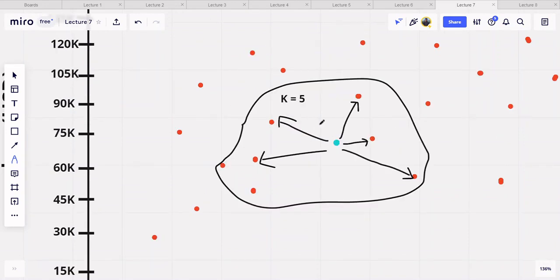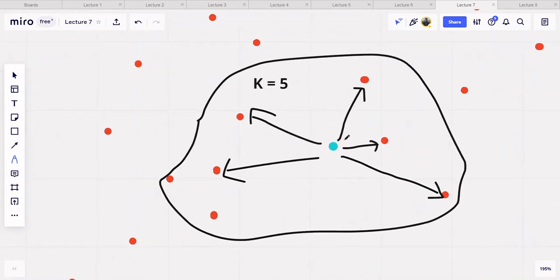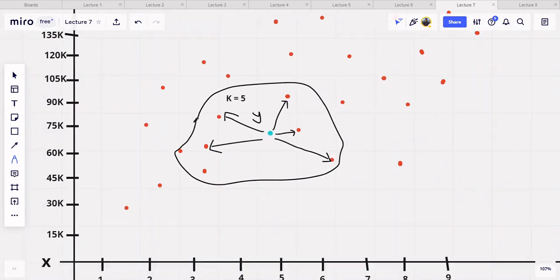So we can conclude that since the data points are very close to each other, they tend to have similar values. That's why we can easily use their real values of y to predict our own y. This is basically how KNN actually works.